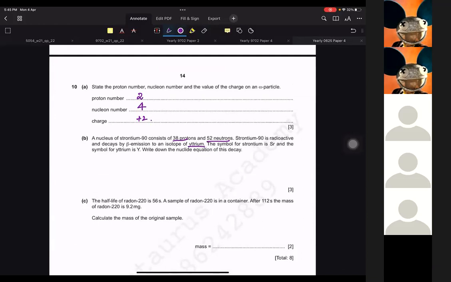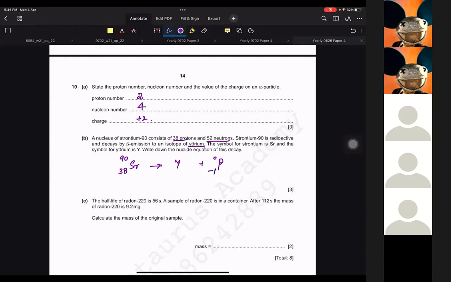The symbol of strontium is this symbol. Write down the equation. So basically, strontium decays into yttrium and it gives a beta particle. Right. So this is 90 and 38, and beta is 0 and -1.